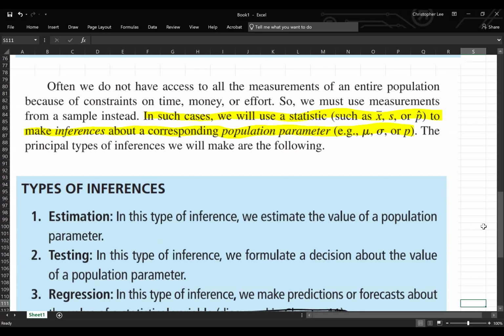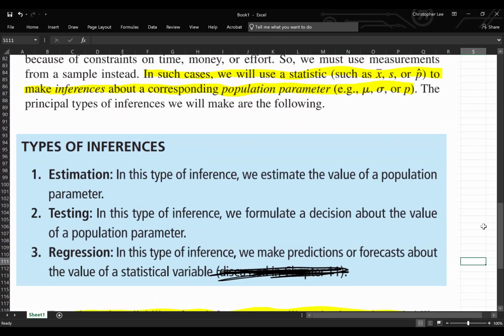The principal types of inferences we will make are the following. So here goes the types of inferences that we have. We have one, estimation. Okay. In this type of inference, we estimate the value of a population parameter, aka chapter 8. We have testing. In this type of inference, we formulate a decision about the value of a population parameter, right?